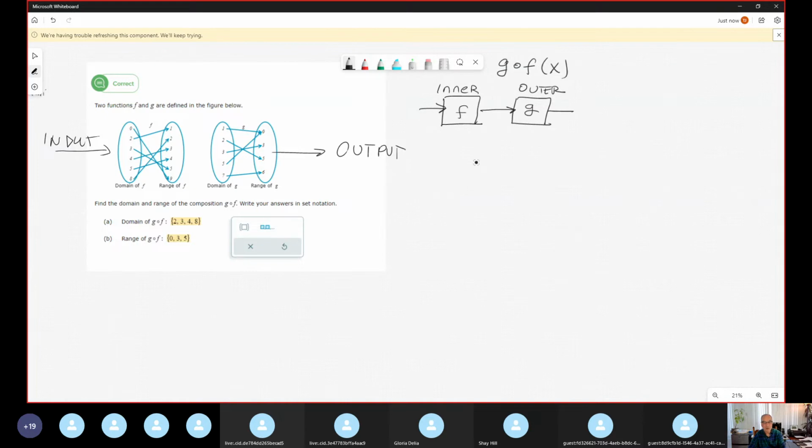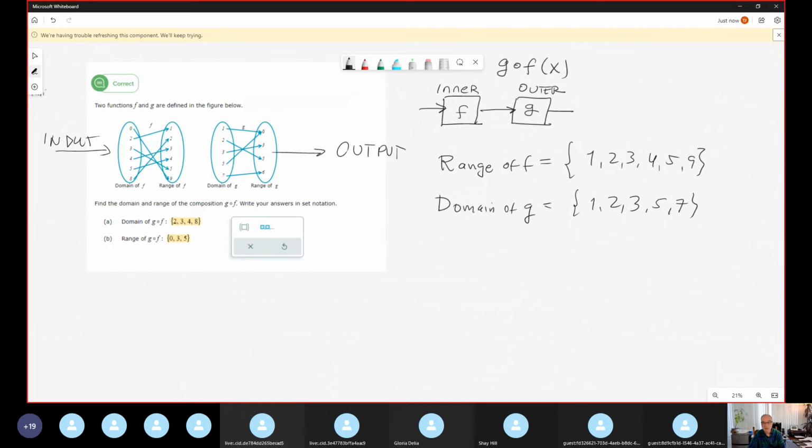Okay. The range of f is formed by the numbers 1, 2, 3, 4, 5, and 9. And the domain of the function g, which is the second, is 1, 2, 3, 5, and 7.